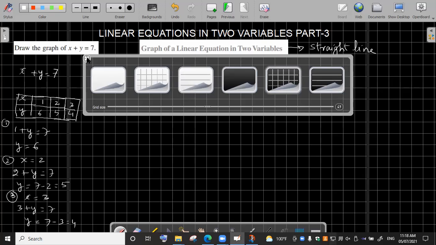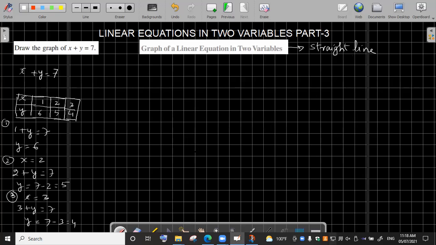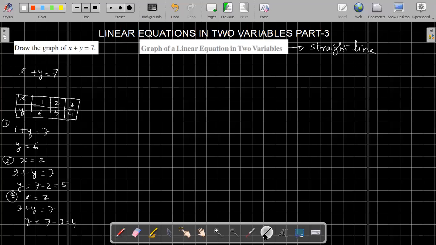Now we have to draw the graph. Correct. So we will take the x-axis and y-axis. This is our x-axis. Then this is our y-axis.